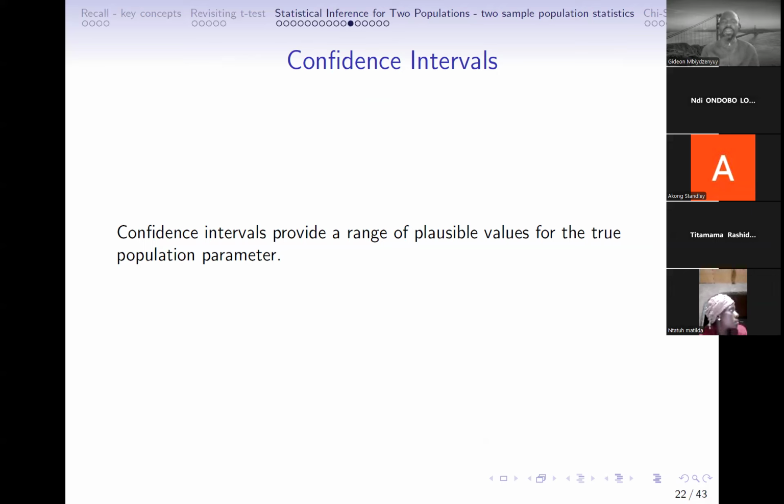So the confidence interval is then the interval within which the statistic occurs. The range of plausible values for the true population parameter. When we're dealing with a sample, it's on the p-value side. When we're dealing with the population, it's the confidence interval.